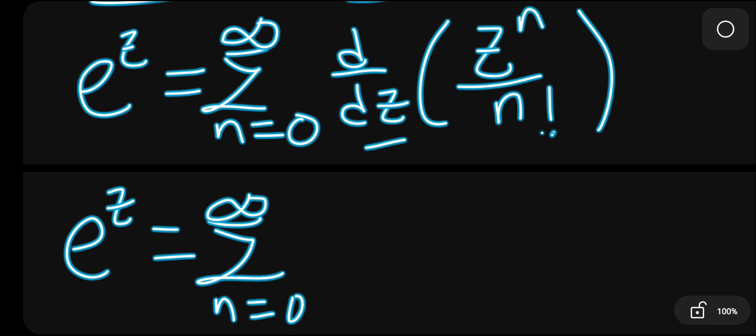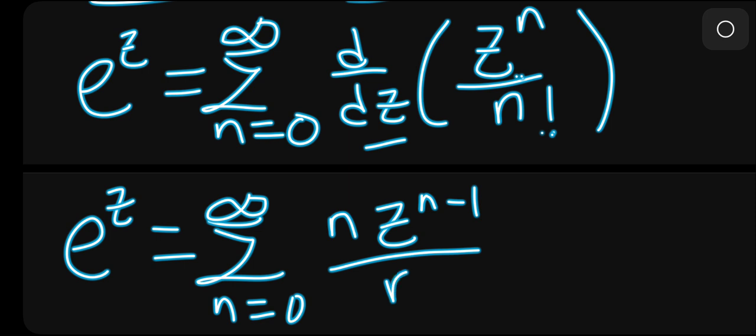Now this will differentiate the z part, so it would be n multiplying z power n minus 1 on n factorial.